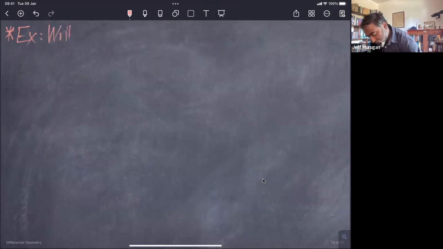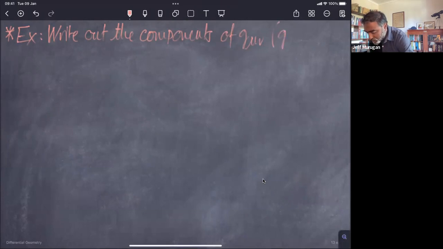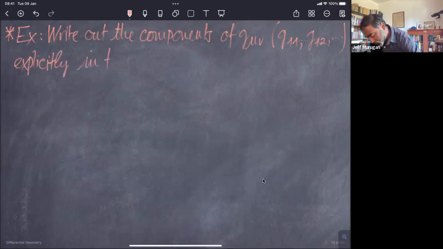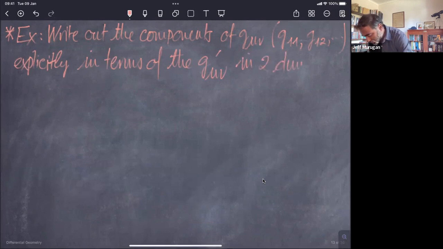So write out the components of G mu nu, by which I mean G11, G12, etc. explicitly in 2 dimensions.